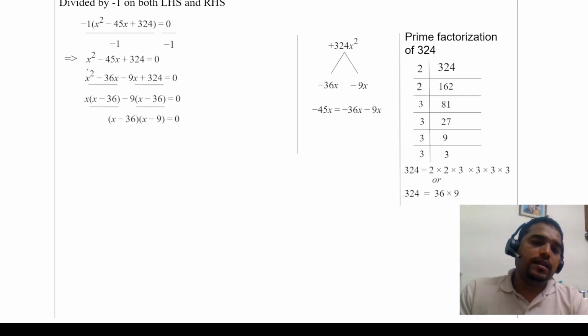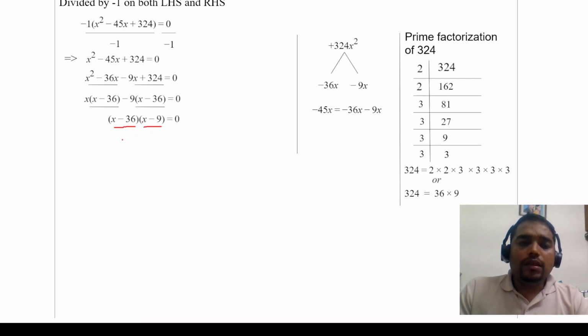Now we see that x minus 36 is common between both the terms on the LHS. If you take x minus 36 as common, from the first term x is left, and from the second term minus 9 is left. That is why we have x minus 9.